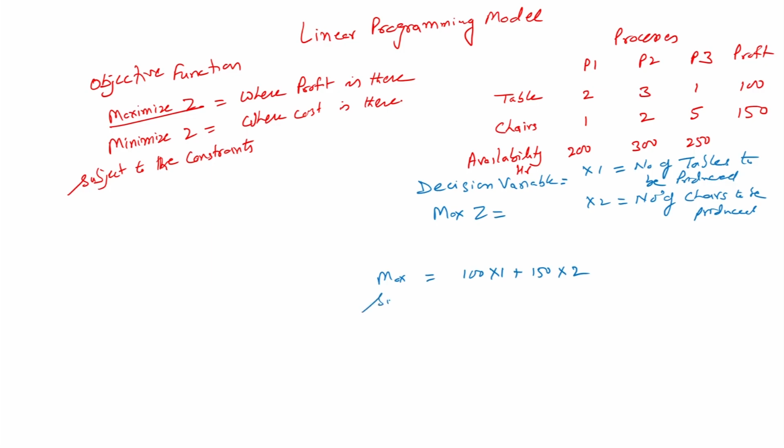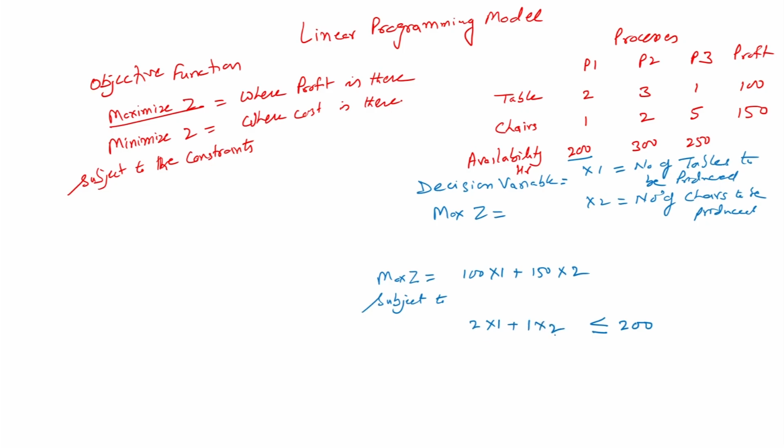What are my constraints? I cannot use more than 200 units of resource P1, and each X1 requires 2 units of P1 and each X2 requires 1.